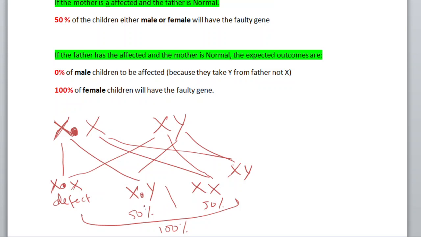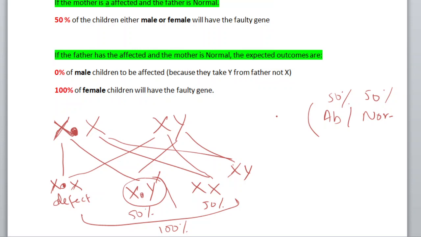If they only talk about the males, there are two males, one abnormal and the other normal, so 50% defective and 50% normal.